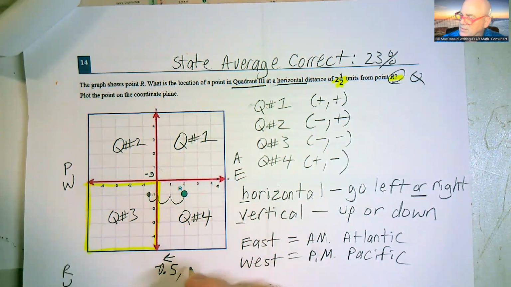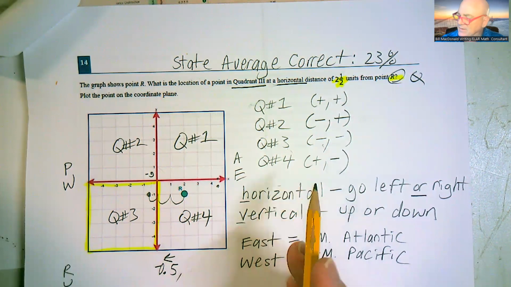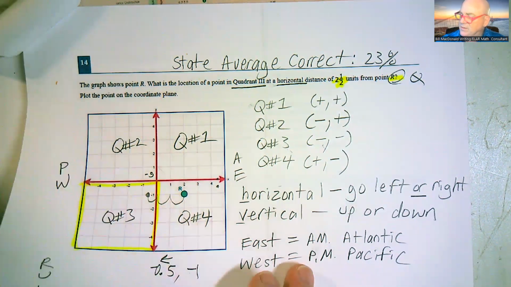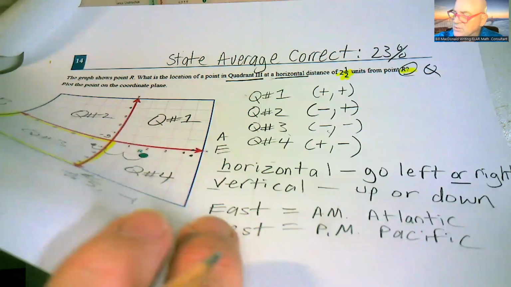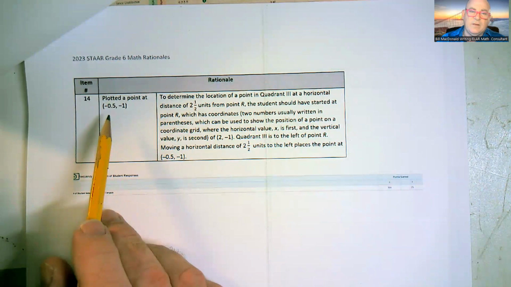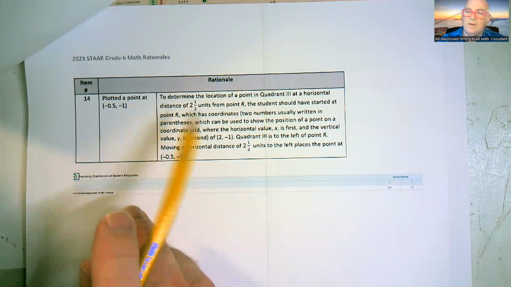So if you look at quadrant 3, it's negative, negative. So it'd be negative 0.5 and negative 1. And so I just double check with what the state said. So there you have your negative 0.5 and negative 1.